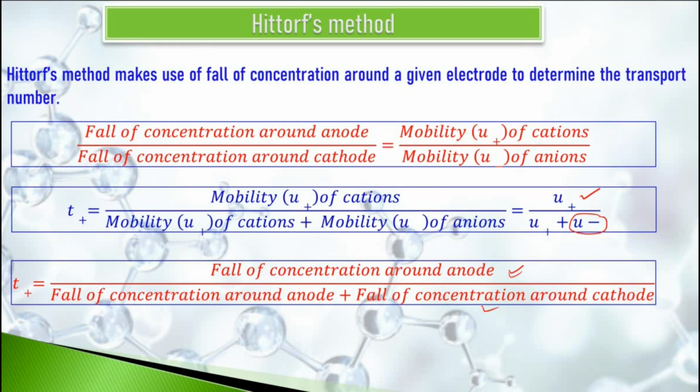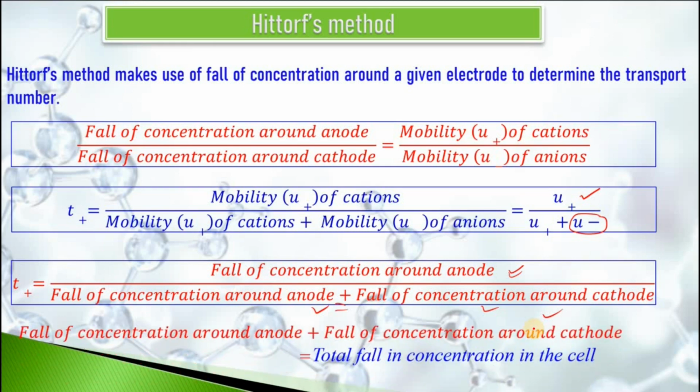If we look at the denominator, it says the fall of concentration around the anode plus the fall of concentration around the cathode. If you look at the electrolysis process carefully, this fall of concentration around the anode plus cathode is equal to the total fall in the concentration of the electrolytic cell.